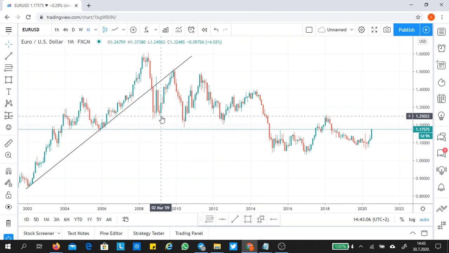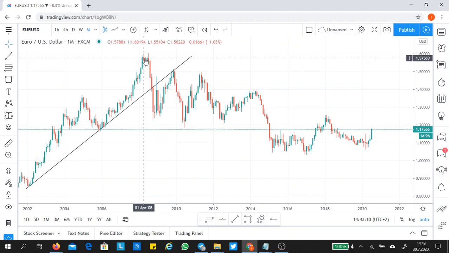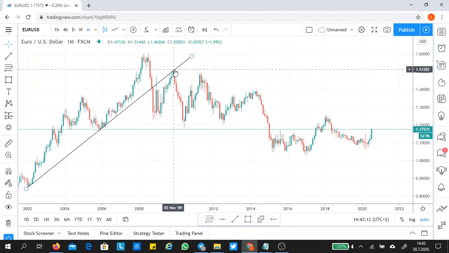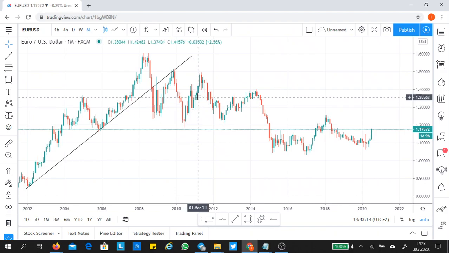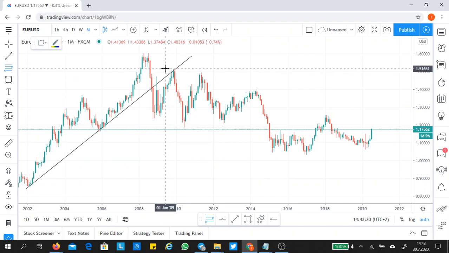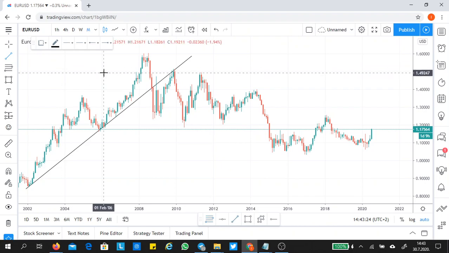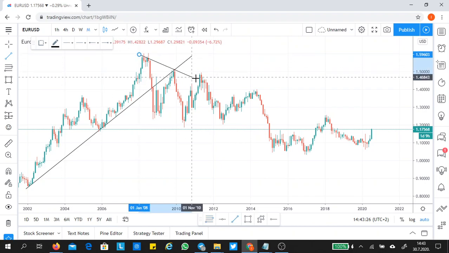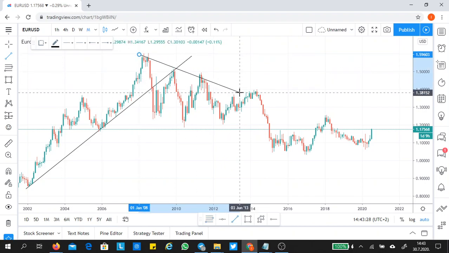What we can see now here is that the market retraced up, came back down and came back up. We can now wait for the second entry point on this pair.